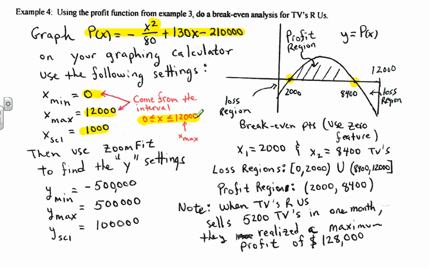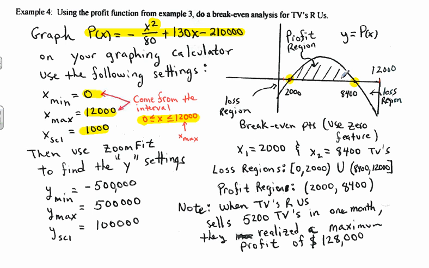Now each tick mark on the x-axis, the very first one is going to be 1,000, the second one is going to be 2,000, and so forth till I get to the end of the window, which is 12,000. Again, you see where I got X min and X max? They came from the endpoints of the interval that was given. The scale I just produced so there's not too many points on the screen. I didn't want more than 12 points to appear along the x-axis.